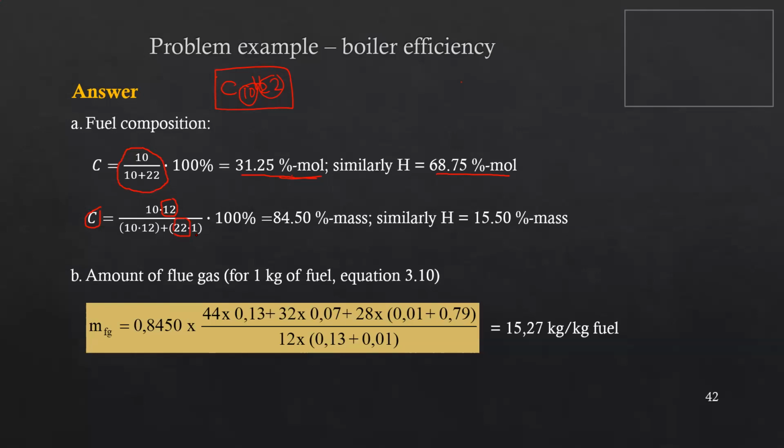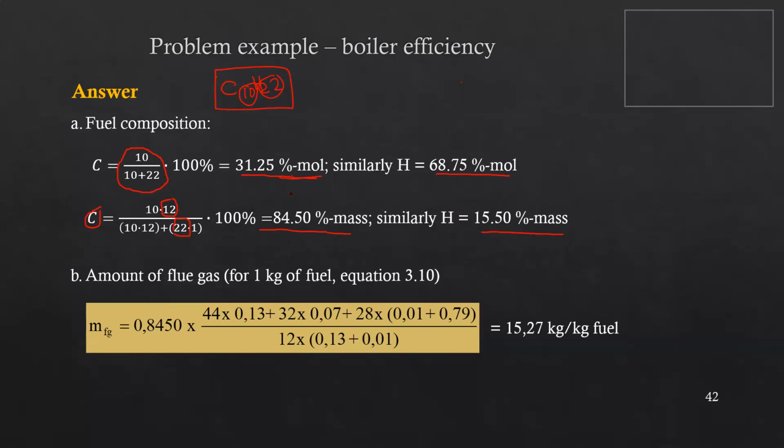So we can calculate it, and after that we get the percent mass of carbon and hydrogens, which is 84.5% mass and 15.5% mass respectively.